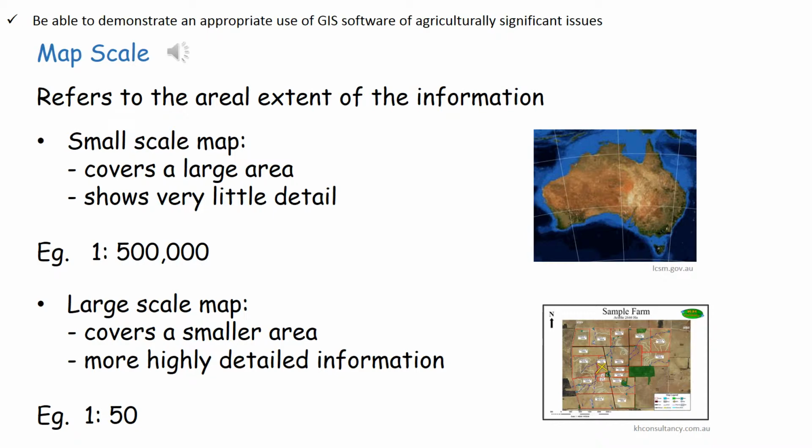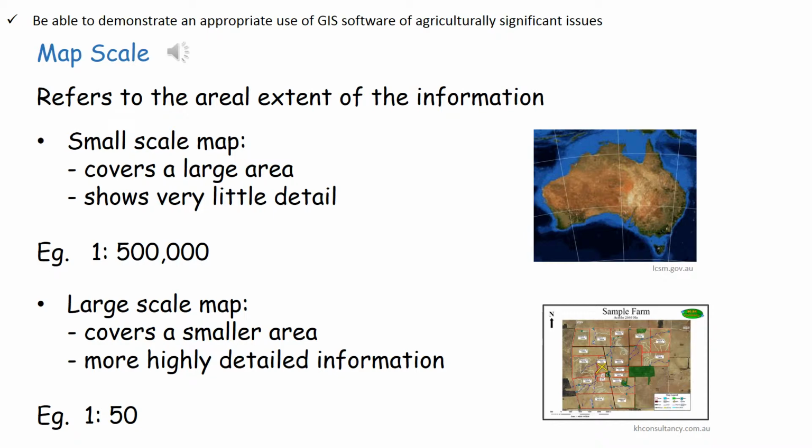So when we refer to scale, we refer to the level of detail that is shown. A small scale map covers a very large area, but it shows a very low level of detail. In the map of Australia, we can't see as much detail as we can see on the farm map. And typically a small scale map is represented by a large ratio.